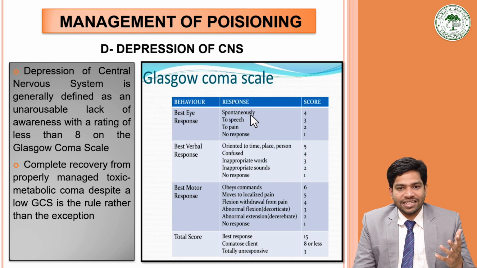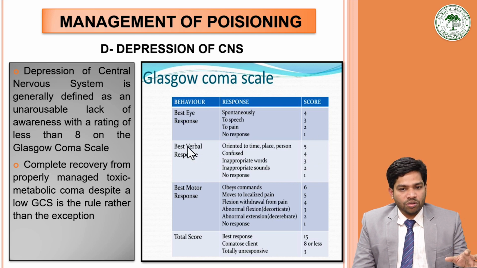If they are spontaneous, then the score is 4. If they open on speech, on asking, then the score is 3. If they do not open on speech and open only on painful stimulation, then the score is 2. If there is no response in the eyes, then the score is 1.